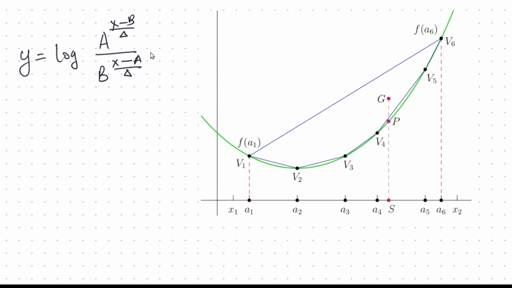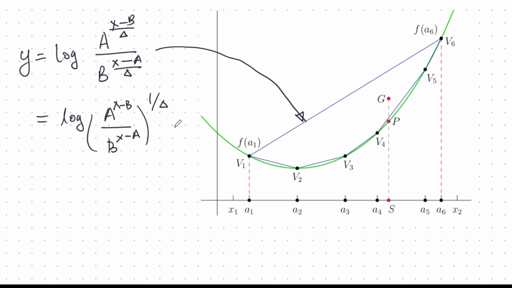Let's take stock of what we have done. We have now the equation of this line here. We can make this just a wee bit easier to write. I took the 1 over delta out of this fraction, these powers.